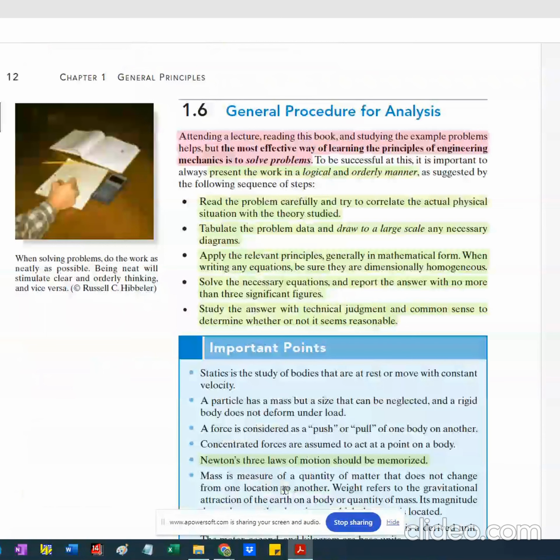Okay. All right. So, I highlighted this in a color other than light green. It says attending lecture, reading the book, and studying the example problems is helpful. But the most effective way of learning mechanics, and in general for any class, is by solving problems.